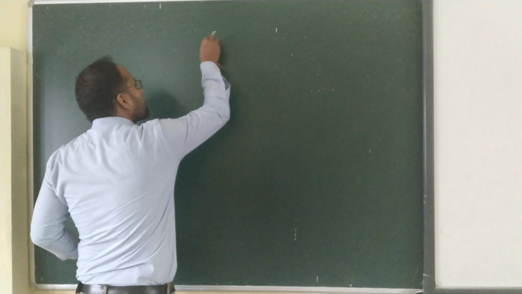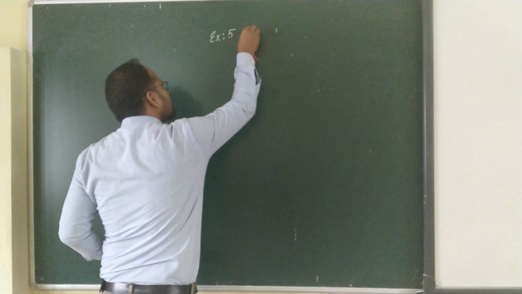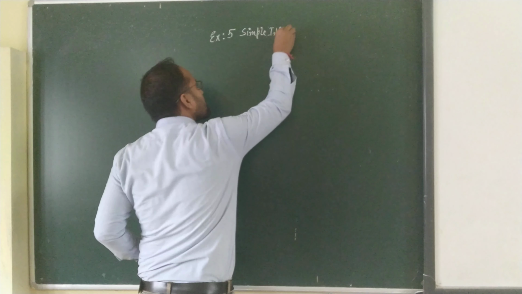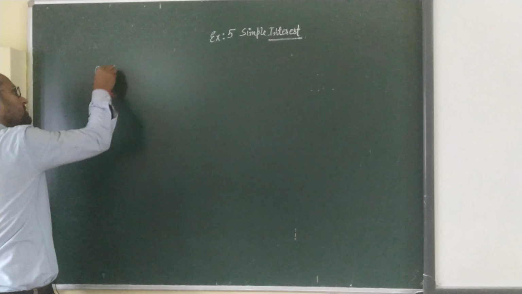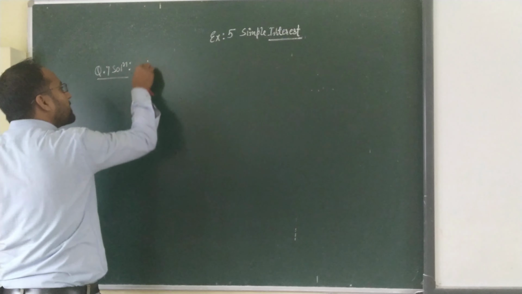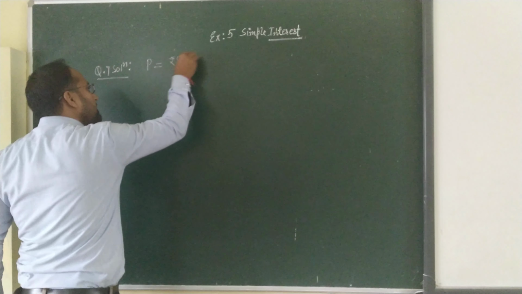So see, this one is exercise 5, simple interest questions, question number 7. Solution: whatever is given, write it down. Principal, I will use P, is given as rupees 8,400.